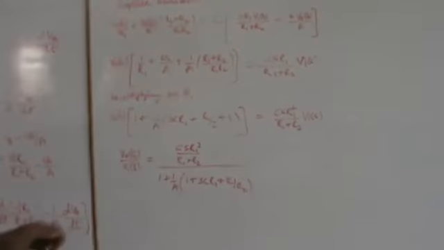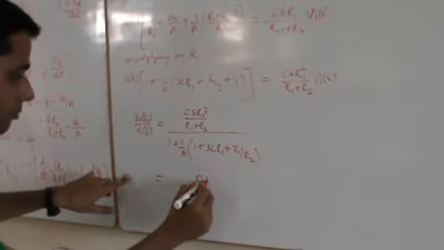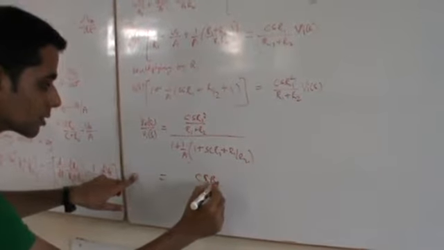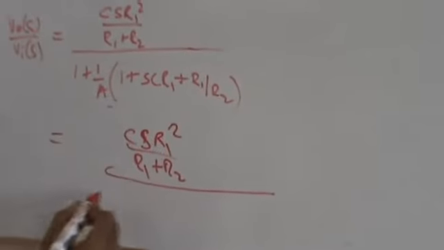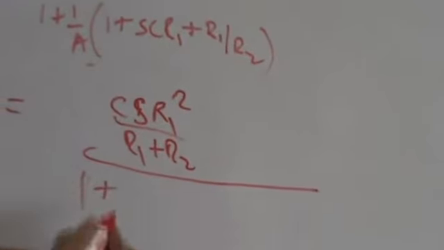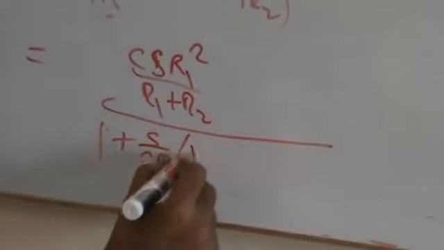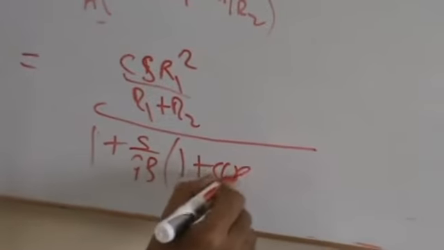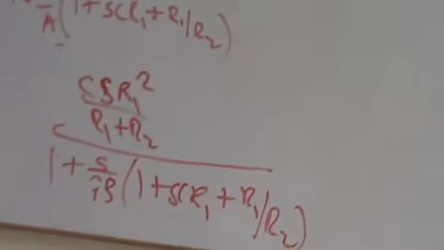So for this, we will write it as R2. So A is equal to GB by S, so we can write it as S by GB into 1 plus SCR1 plus R1 by R2.